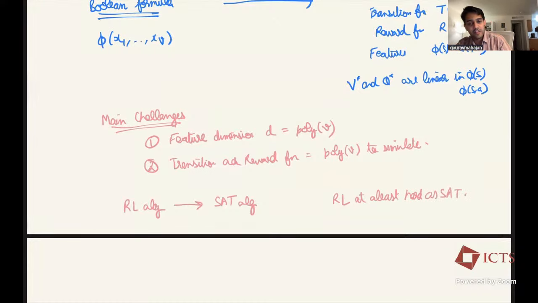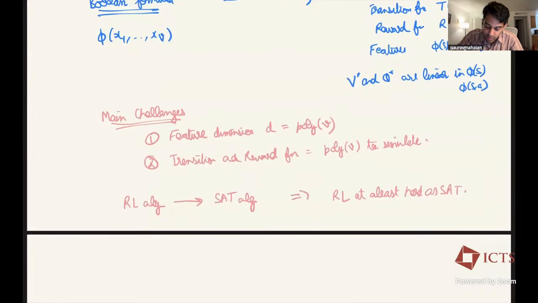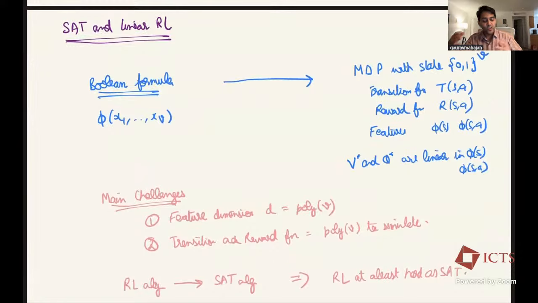Okay, and so that is what we want to prove. So our goal now is: given a Boolean formula, turn it into an MDP such that the transition and reward function don't seem too complicated, you feel like you can figure out how to do the reward function, and my feature dimensions are not big.